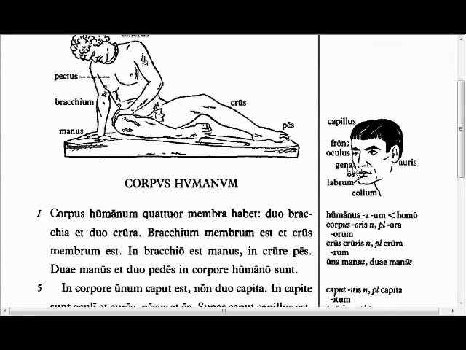Gena, feminine, first declension, like you'd expect. Oculus, eye, masculine, like you'd expect. Frons, just like you'd expect, is feminine because it ends in s. So you see that most of the time, first declension nouns are feminine.